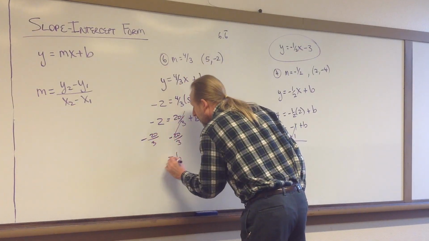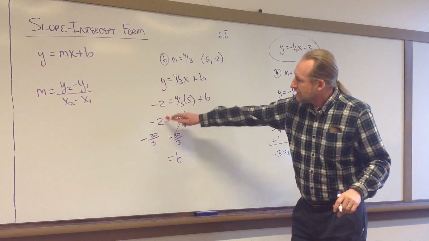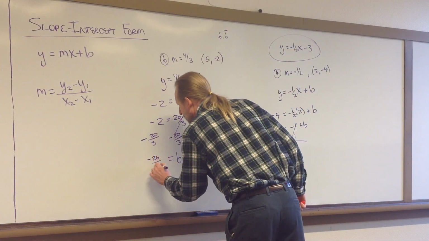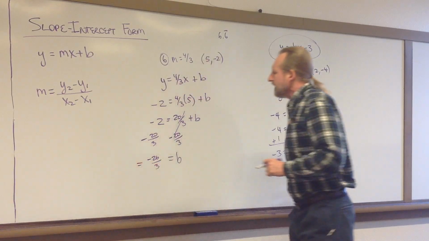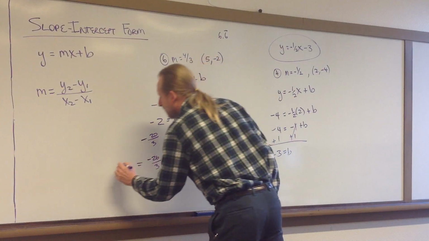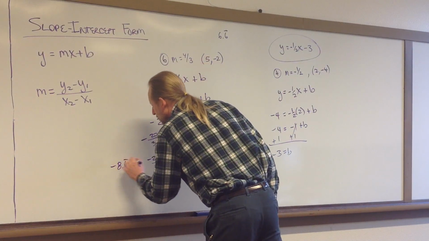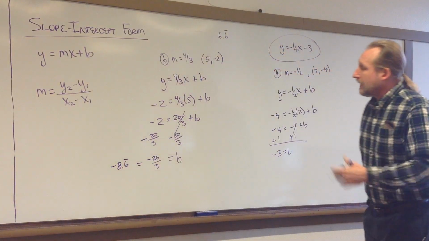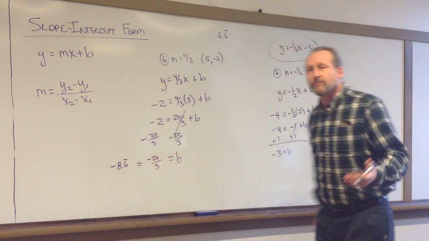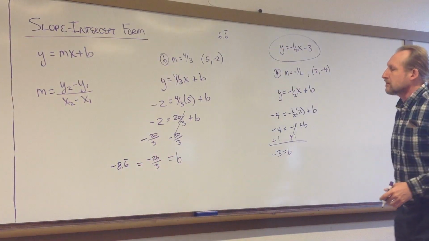Those cancel out. Over here, this is -6/3 and -20/3, so that'll be -26/3. And again, if you're a decimals person, what is that going to be? -8.6 repeating. Okay? And those are both correct. If you don't put the bar over the 6, then it's a different number, which is not correct.